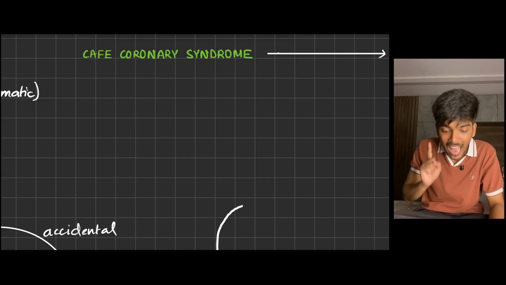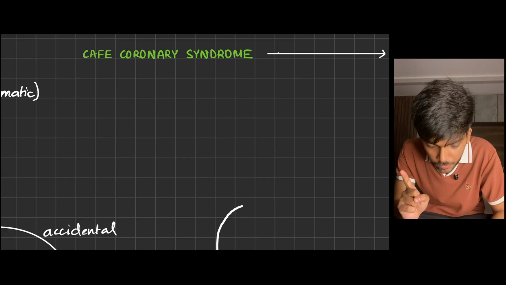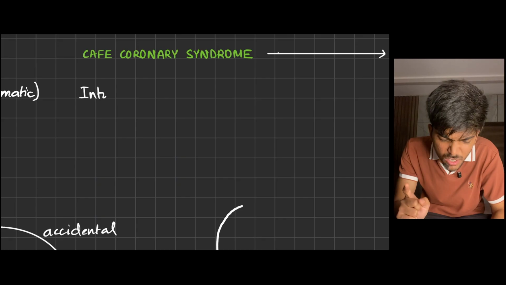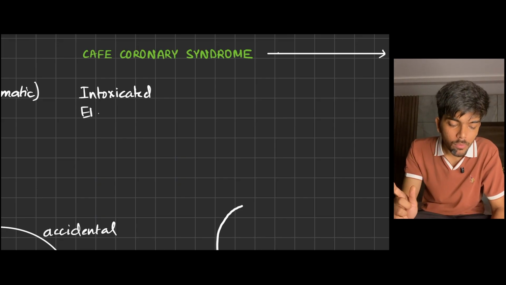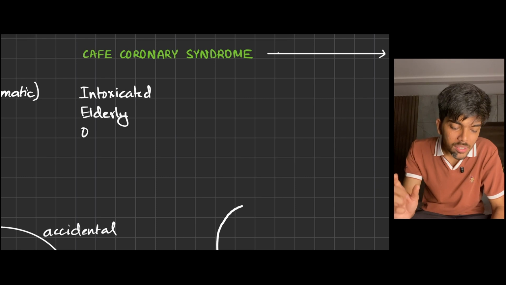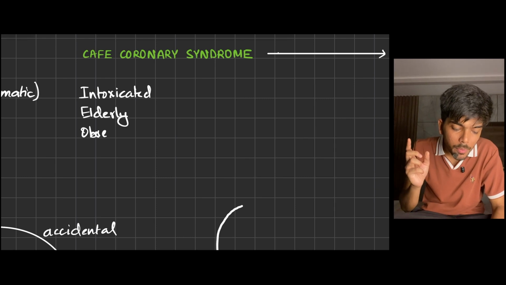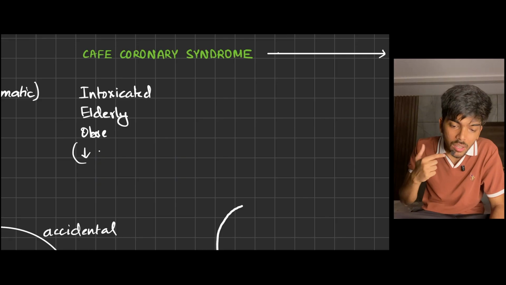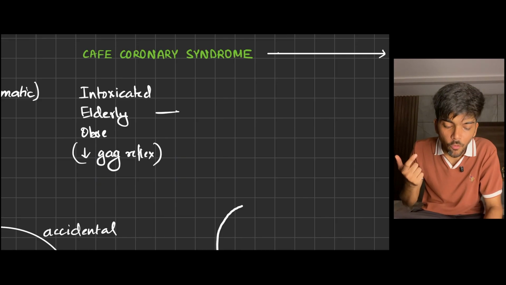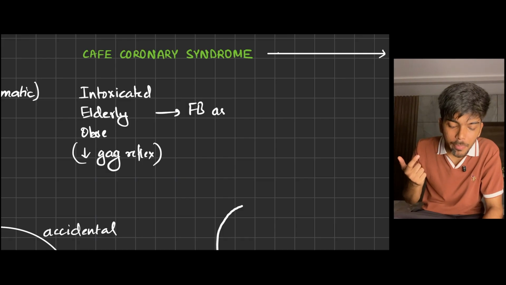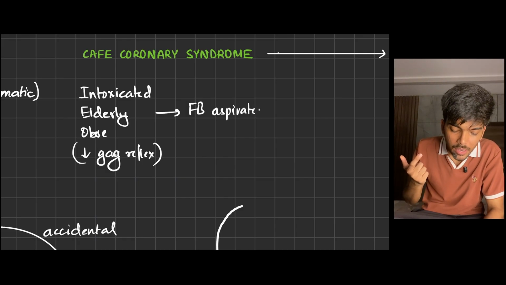First, cafe coronary syndrome is seen in intoxicated people, someone who is highly drunk in a bar, or the elderly, or the obese. Because in these three types of people, there is reduced gag reflex. So let's say a foreign body is aspirated into the windpipe.